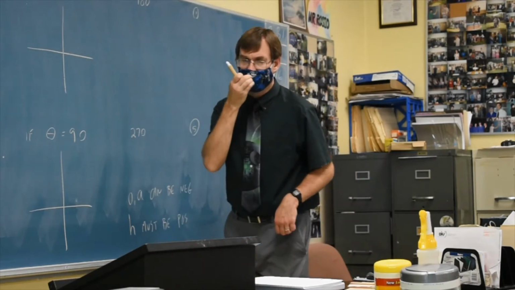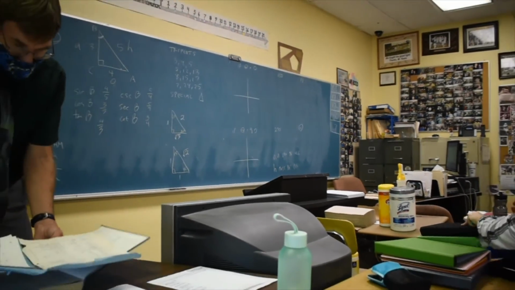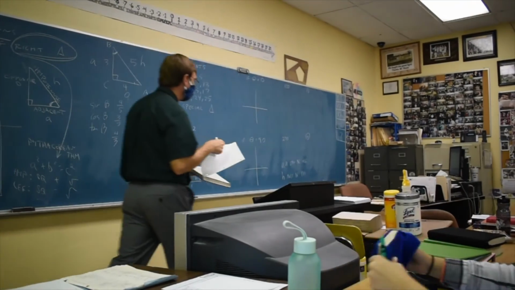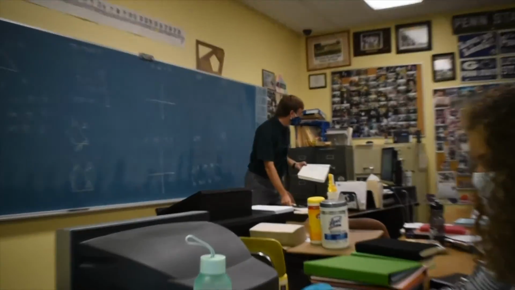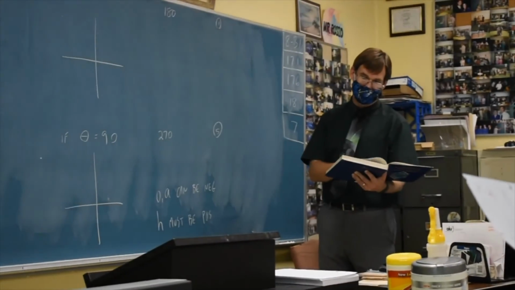So I'm going to do book problem number 1, which involves me grabbing my book and then returning. But straight out of your homework, I'll get you started on book problem 1. I am on page 13.